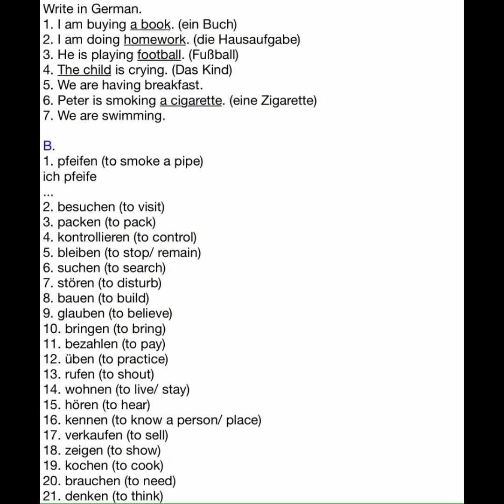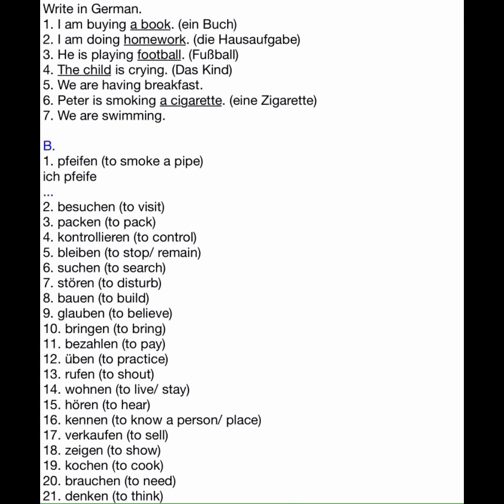Okay, more and more examples. Now let me read out more examples of regular verbs: to smoke a pipe, pfeifen; to visit, besuchen; packen; kontrollieren; bleiben, which means to stop or remain, yeah? And then you have suchen, stören, bauen, and then glauben, which is to believe, yeah?